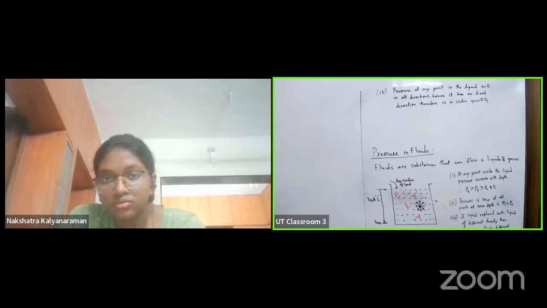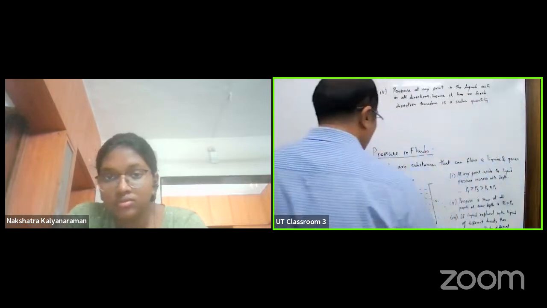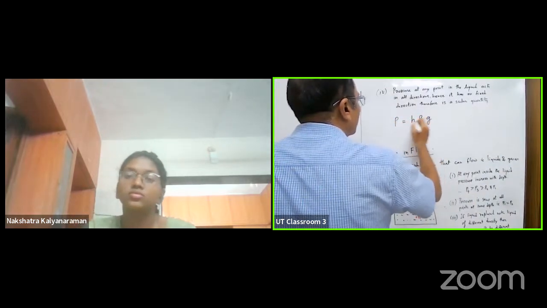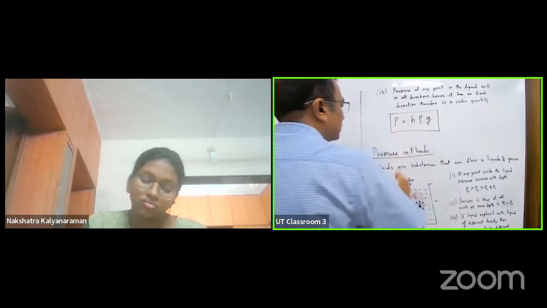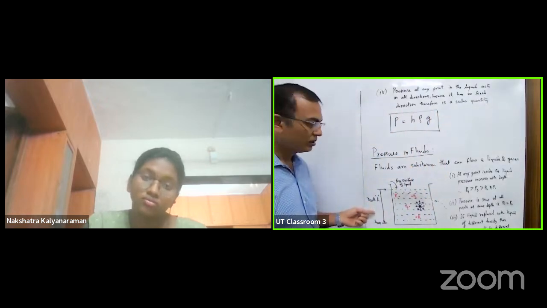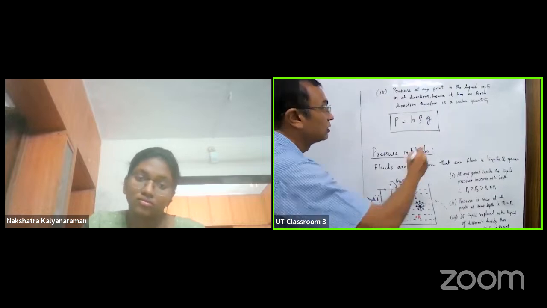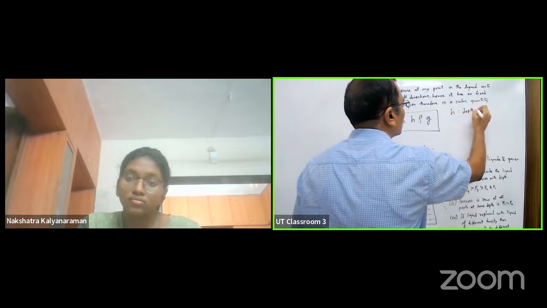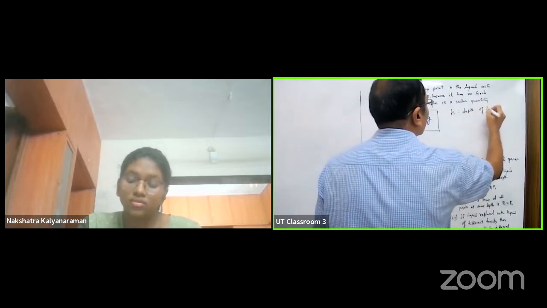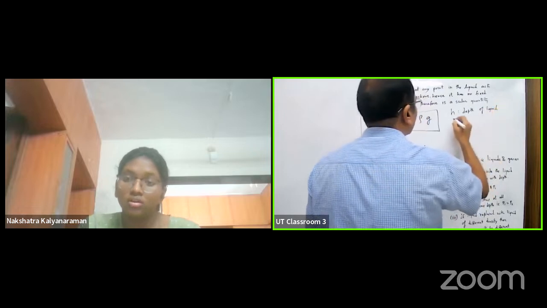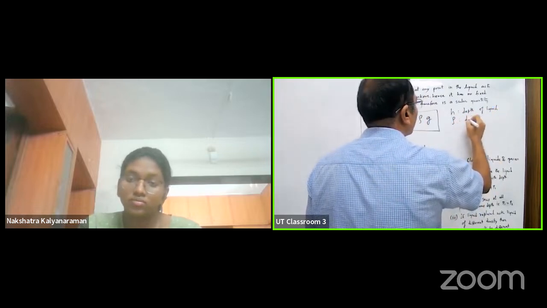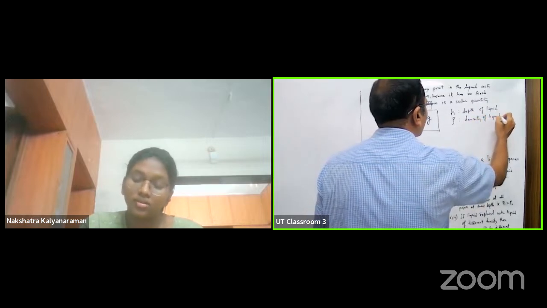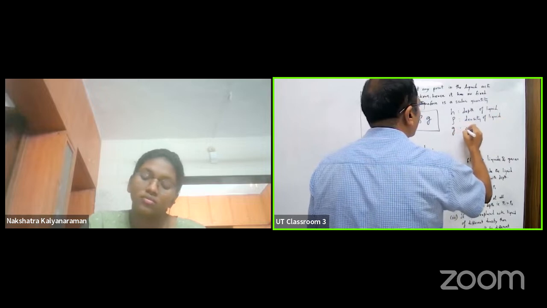The formula for pressure inside the liquid is given as P equals h rho g, where h is the depth of the liquid, rho is the density of the liquid, and g is the acceleration due to gravity.